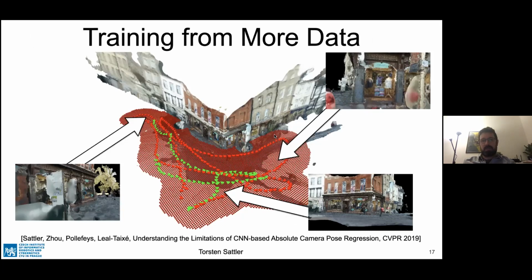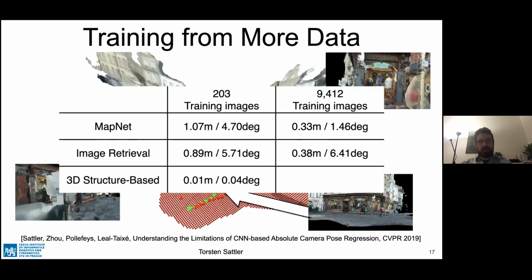We used the training and test images to build a 3D model of the scene, and then rendered images of the 3D model from the original images, plus some additional poses that we placed, I think, 0.5 meter apart, close by to the training and test poses. So essentially, you're creating much more data, meaning you have more training data that might help the network to generalize.